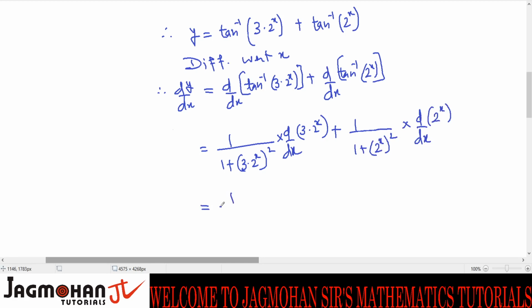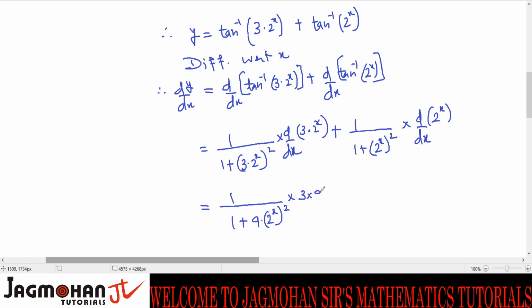So this gets me 1 upon 1 plus 9, 3 into 2 raised to x. So I will write separate squares for 3, that is 9, and 2 raised to x square. Derivative of 3 times 2 raised to x: this 3 is a constant multiplied by 2 raised to x.